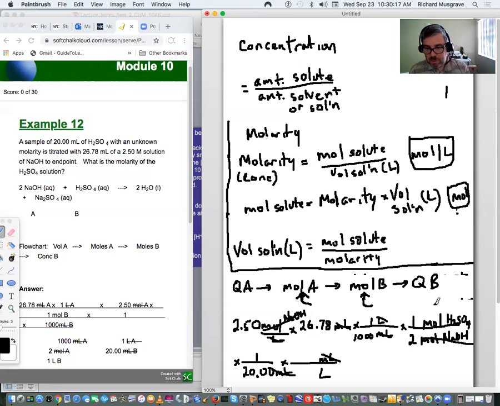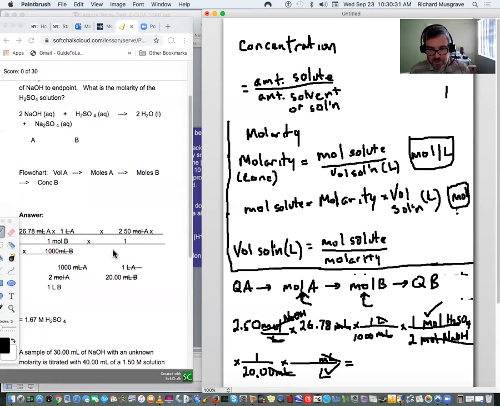So all we're left with is moles of H2SO4 and liters, moles over liters, which is what we want as our unit at the end. And that came out to be, in this case, 1.67 molar. Moles per liter.